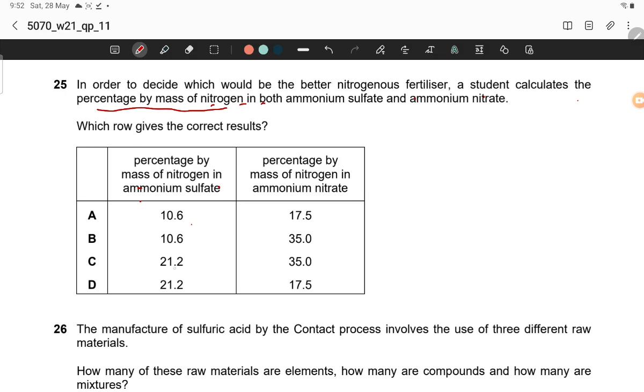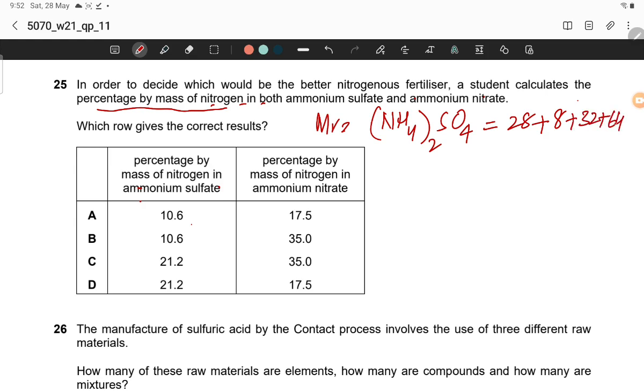Which row gives the correct results? Percentage by mass of nitrogen in ammonium sulfate, (NH4)2SO4. The Mr is equal to 28 for nitrogen plus 8 for hydrogen plus 32 for sulfur plus 64 for oxygen.